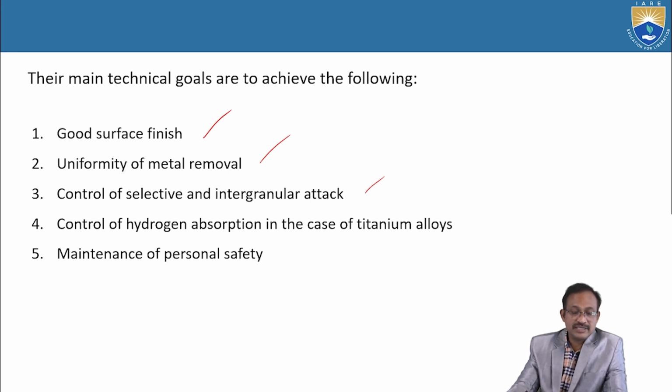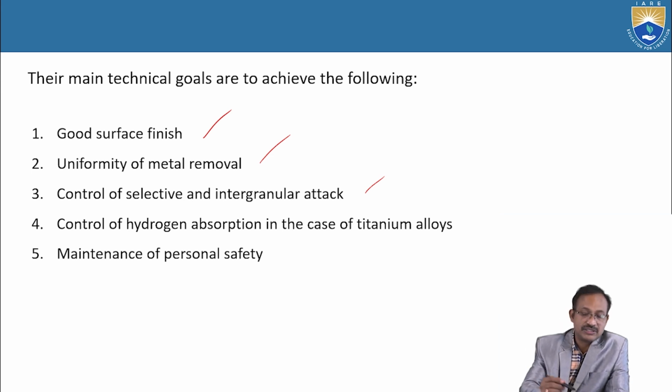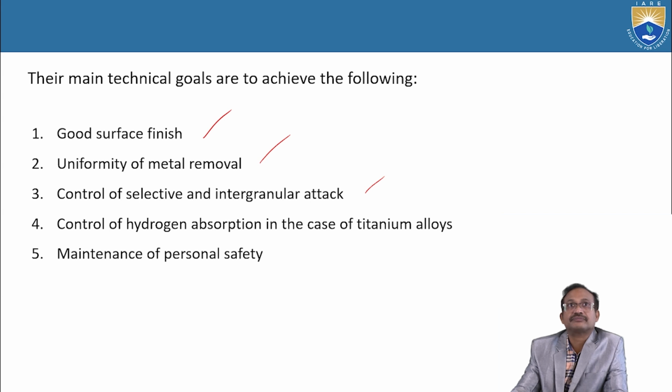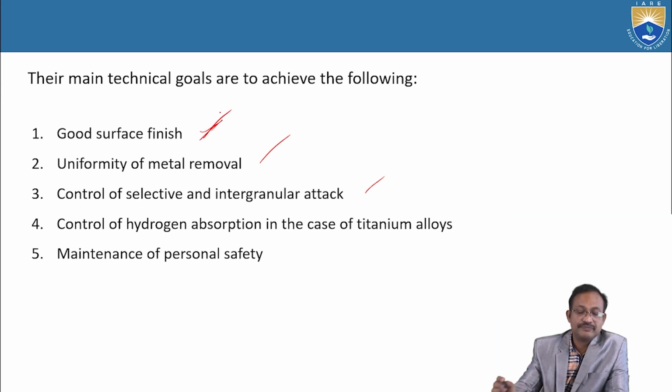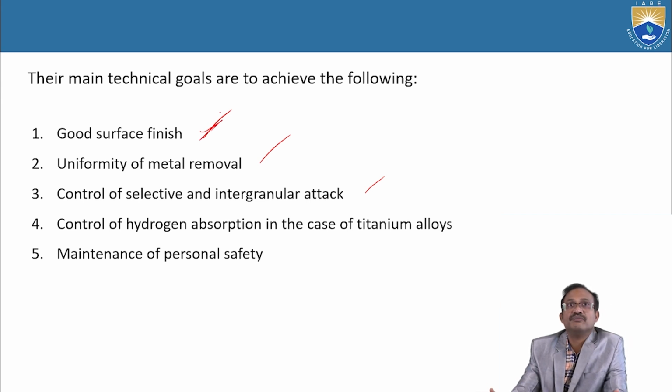So these five are the important goals. There should not be any non-uniform metal removal, and at the same time the surface finish should be good and as per our expectation.